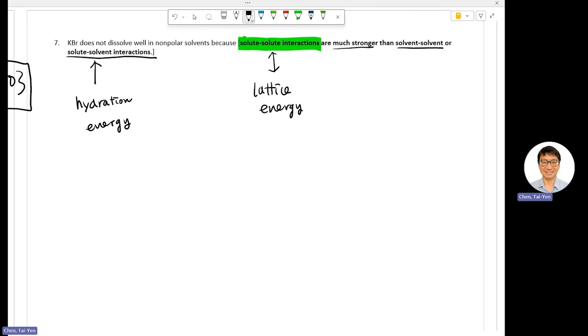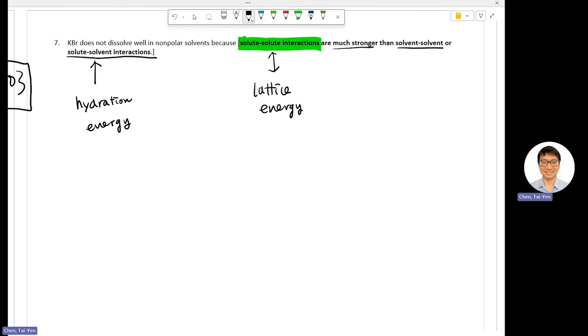Typically you need a stronger hydration energy, meaning the solute is more comfortable dissolving inside the solvent, and then you form a solution. But here it's a different case: the solute likes itself more, so it doesn't want to get dissolved, and therefore the solubility is poor. This connects to delta H solution.